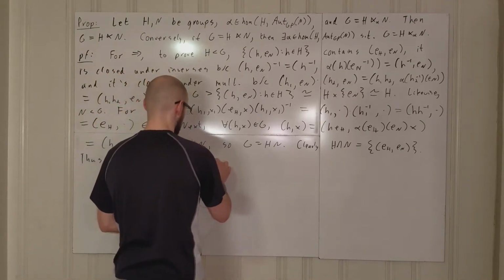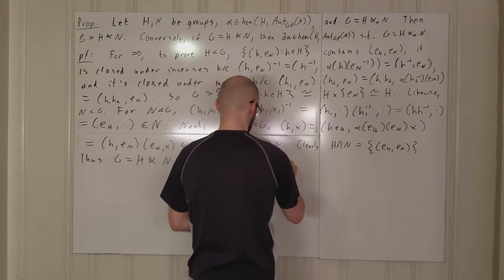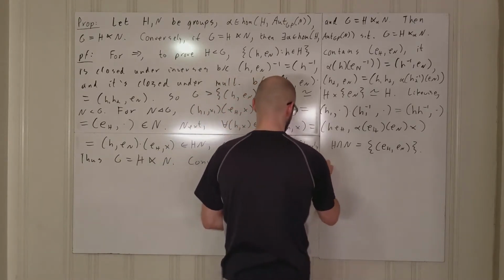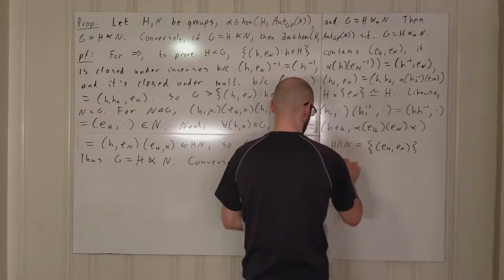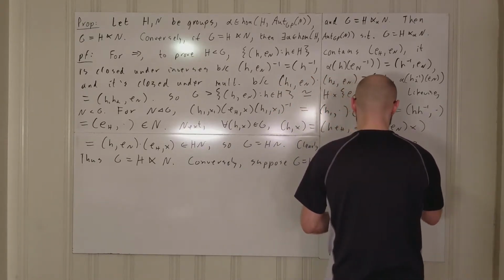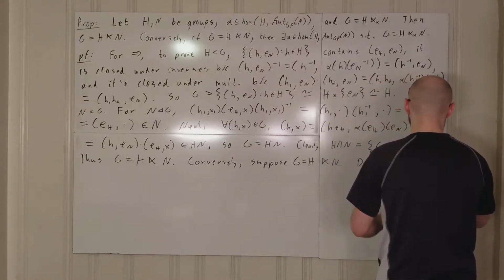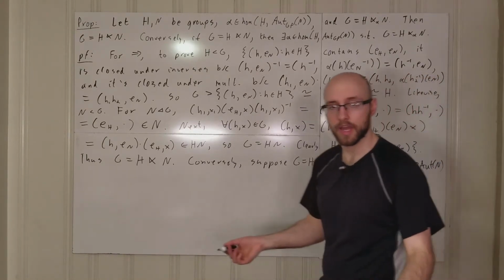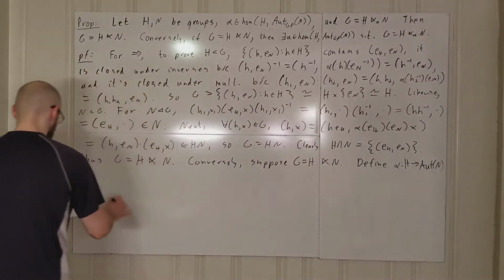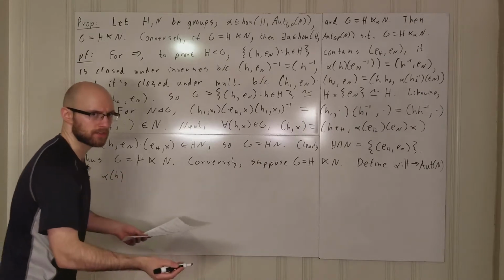So conversely, suppose G is the semidirect product of H and N. Define alpha from H to Aut N, and this is kind of interesting because we're going to show an actual homomorphism that works, and it turns out to be conjugation.